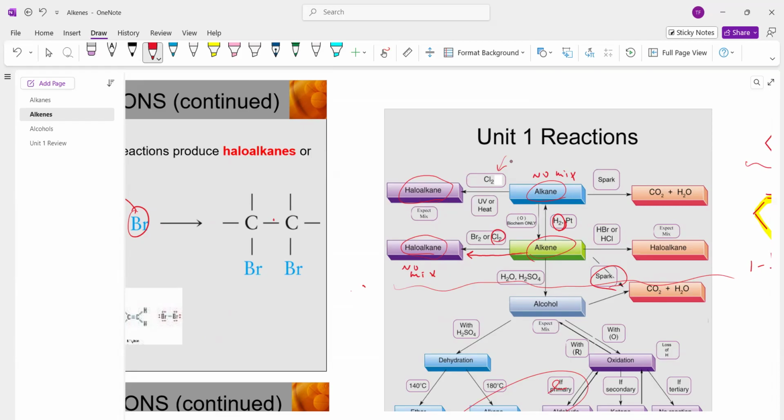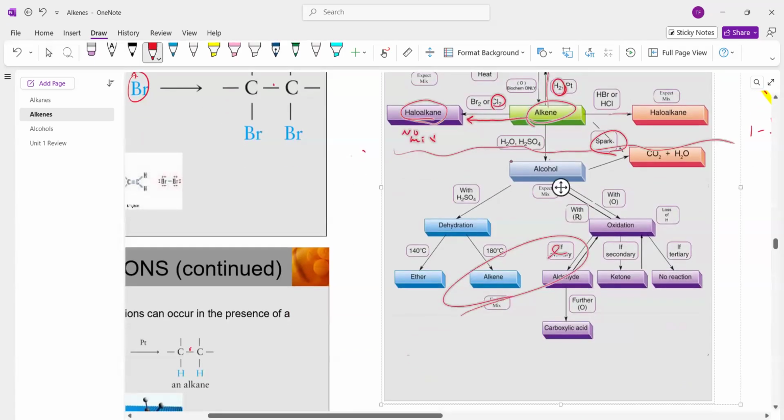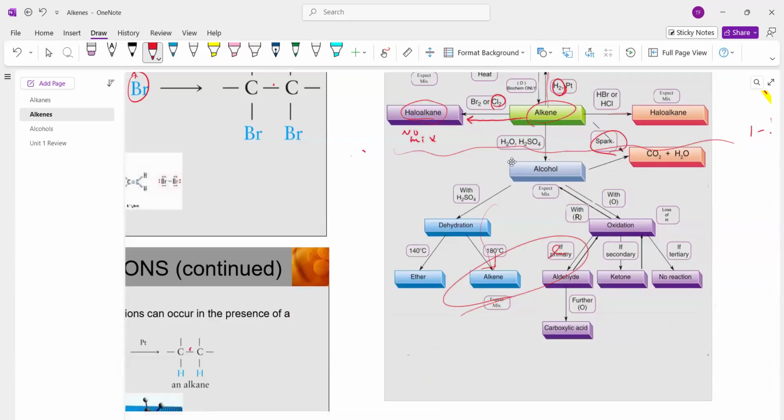Alkenes, though, have one reaction, two reactions, three reactions, four reactions, five reactions. So now we have a total of 7 reactions, and really 8 because they also will burn.